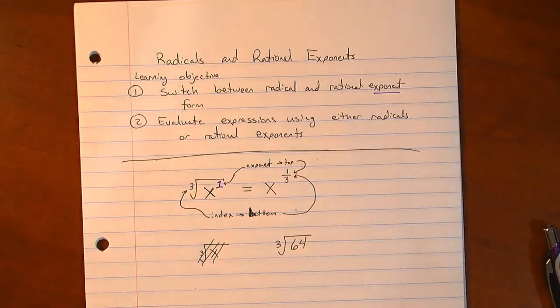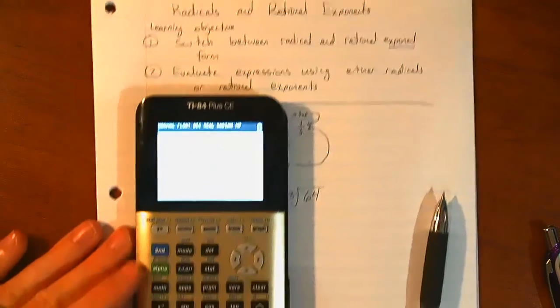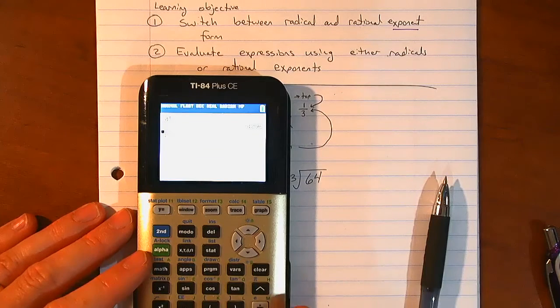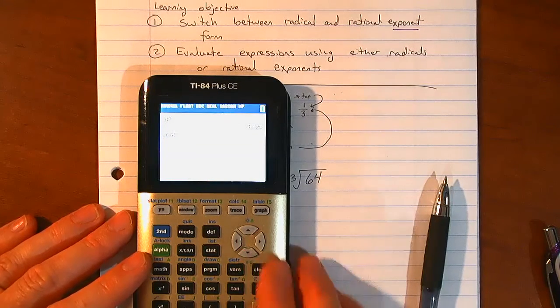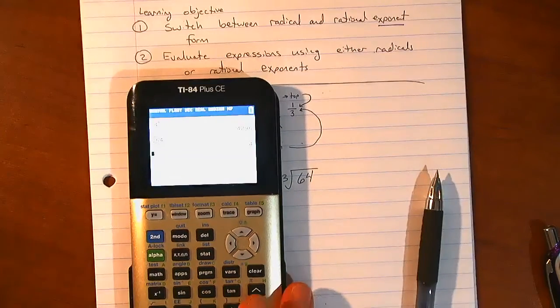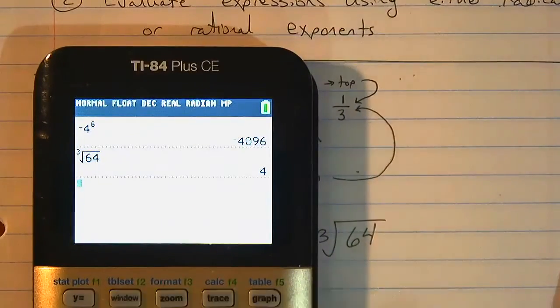So I'll use that again. From the last video, we know that this is equal to 4. And I can verify that on my calculator real fast. Remember, the way we did this before was we pushed the math button, option number 5. And then if I type in 3 and 64, there's my answer.